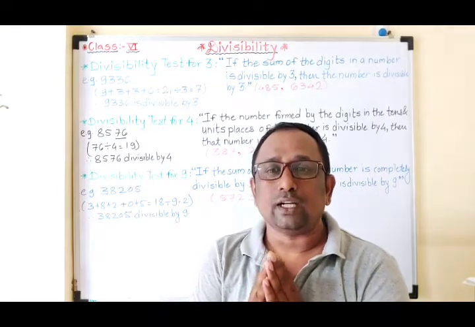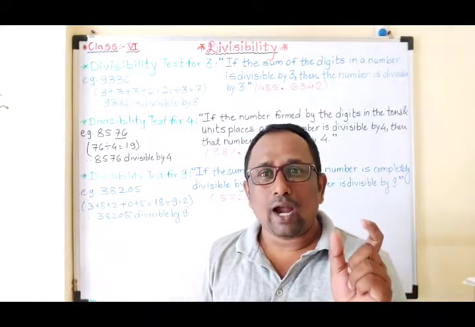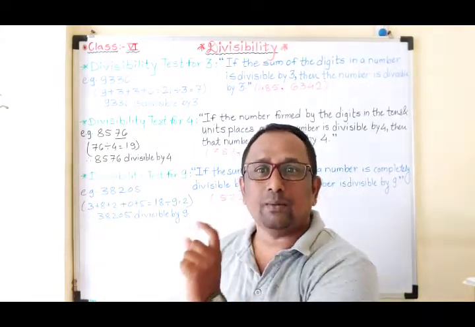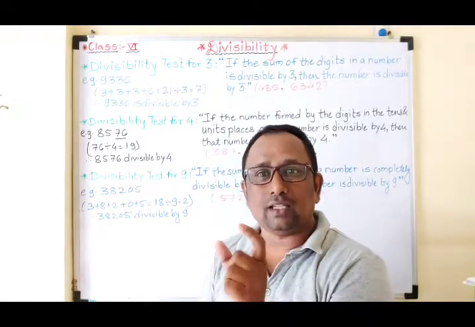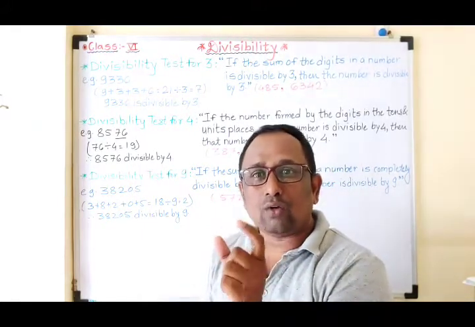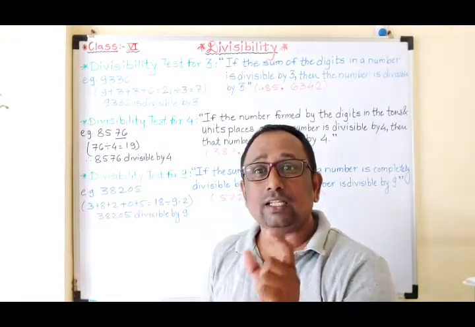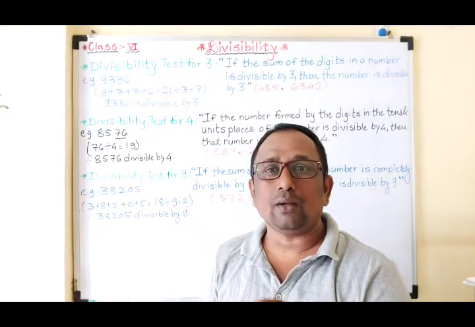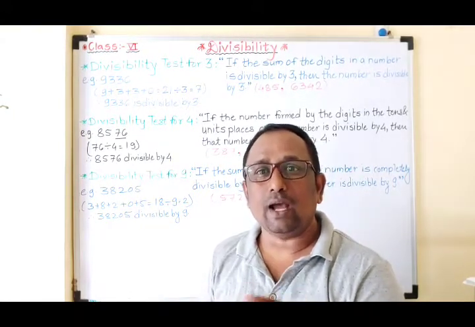Then what do we have to do? We have to add all the digits in the given number and divide the sum by 3. If the addition of the digits is completely divisible by 3, or the remainder is 0, then we can say that the number is divisible by 3.